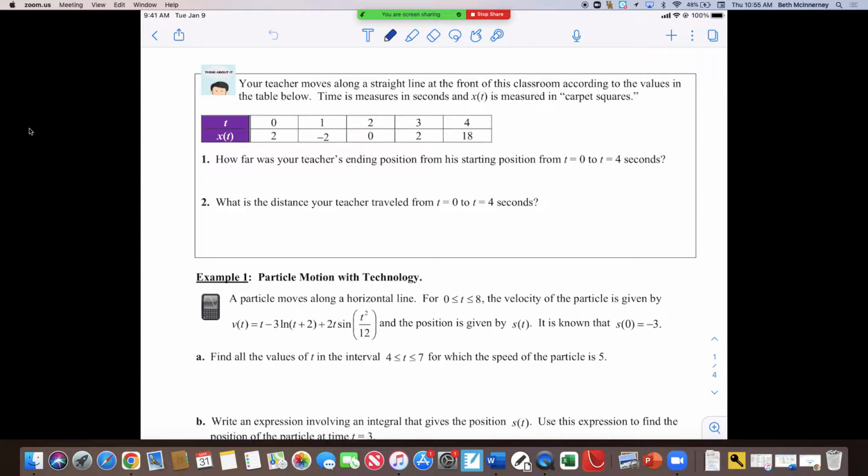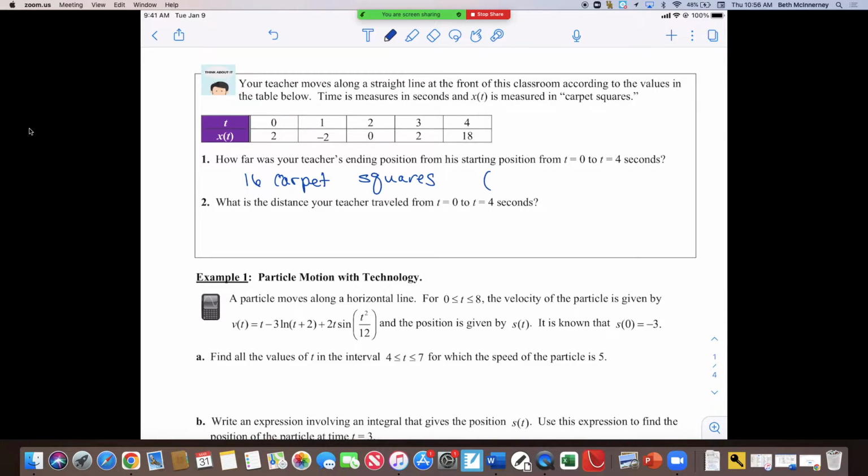All right, number 1. Elizabeth, what did your table say? 16 carpet squares. And Michael, how did your table do that? How did you come up with 16? How did you figure it out? Oh, you didn't get 16.